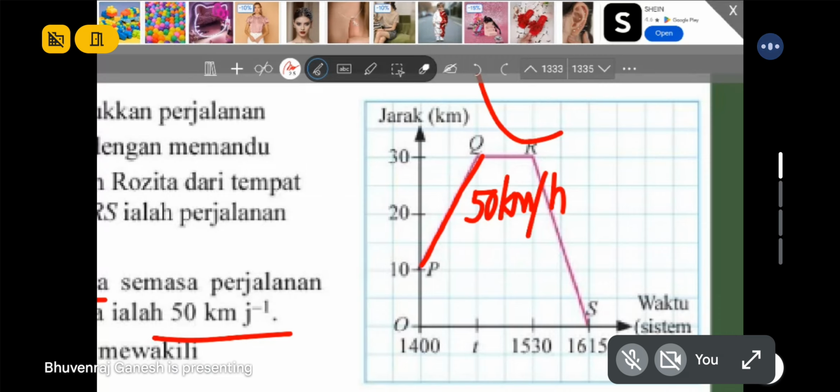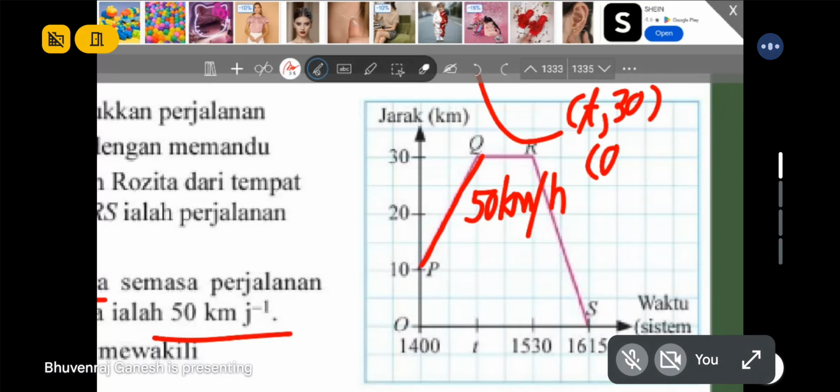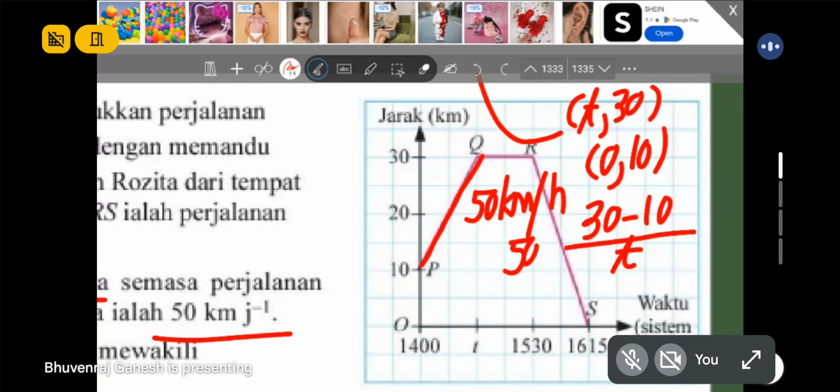So this one, the point is T30 and 010. So you just need to use your formula: 30 minus 10 over T equal to 50. So you can find the value of T. You should get T is 20 over 50, so T is 0.4. 0.4 is hours.